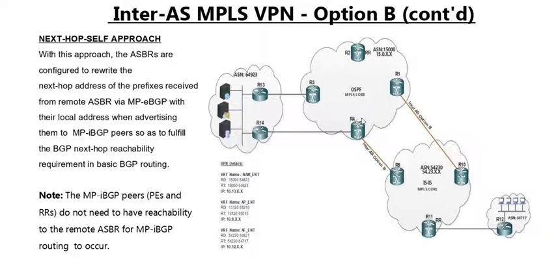In other words, it means you do not need to bother about reachability to this ASBR from this PE, for instance, because here you have instructed this ASBR to rewrite this next hop address with its own address.